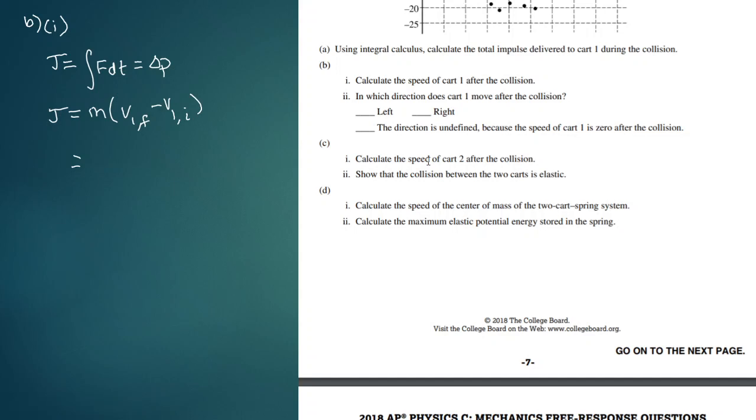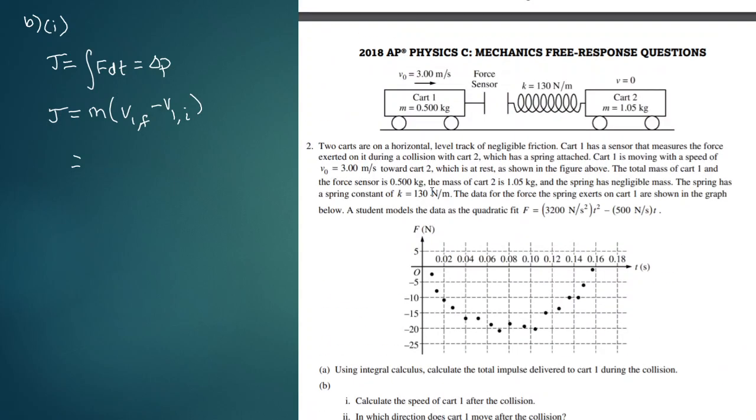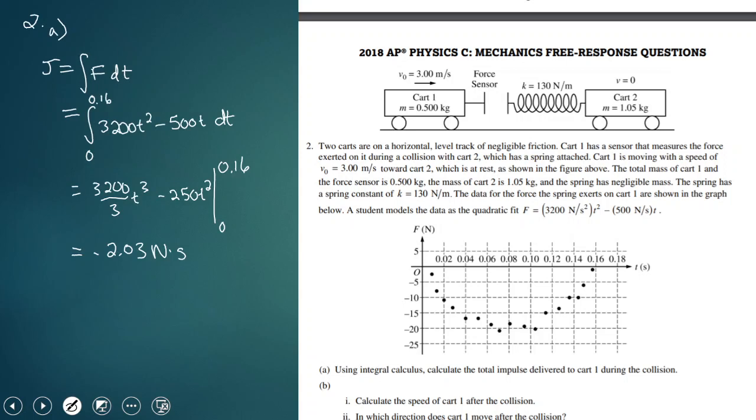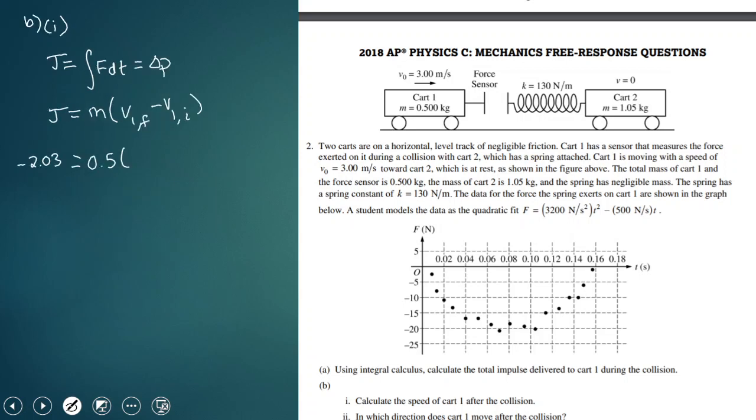So the mass of cart 1 that we're given is 0.5. We just found this was negative 2.03. And then our V1 final is what we're looking for, and our V1 initial is 3.